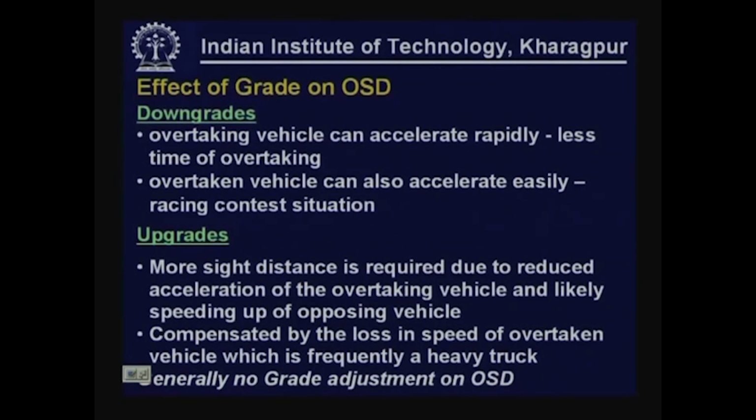So, there is expected to be lesser time required for overtaking, but this factor is compensated by the fact that the overtaken vehicle can also accelerate. On level we assumed uniform speed of the overtaken vehicle, but on a downgrade, the overtaken vehicle may also accelerate. So, they may compensate each other to some extent.